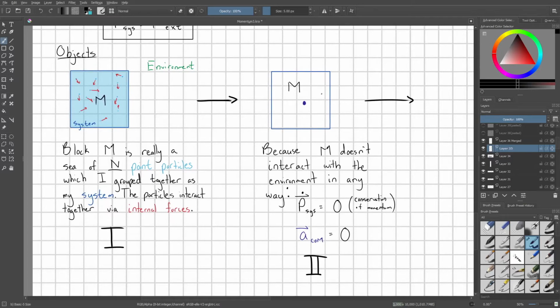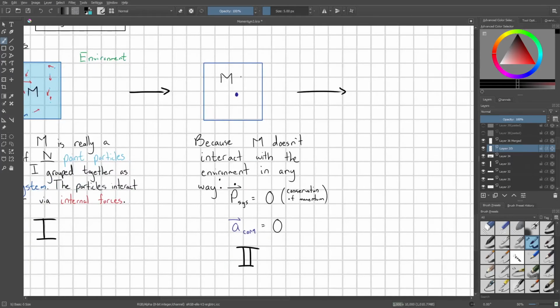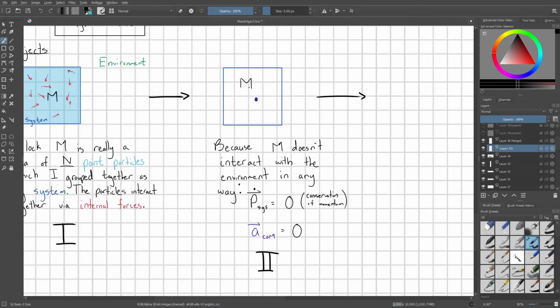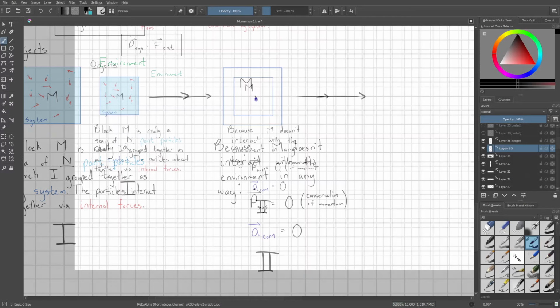And then from the second video, we showed that because M doesn't interact with the environment in any way, the momentum of this block is conserved, right? And the acceleration of its center of mass is zero. We took this very complicated problem with lots of particles jumbling around, and we simplified it to a single point that we called the center of mass.